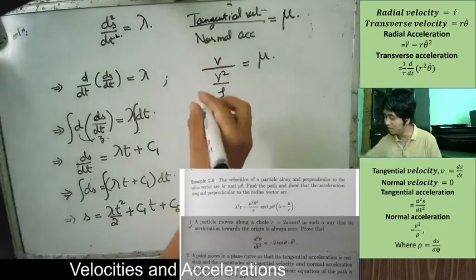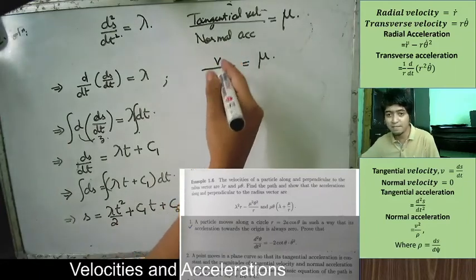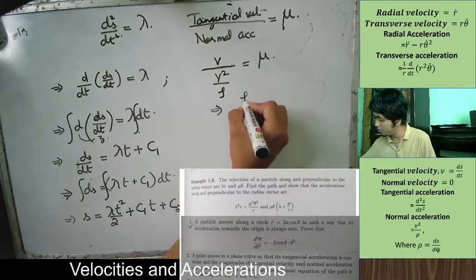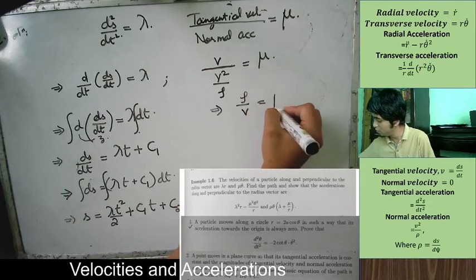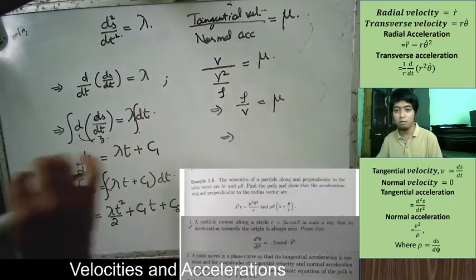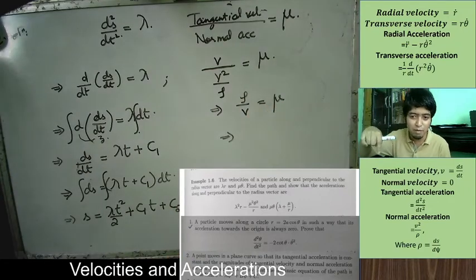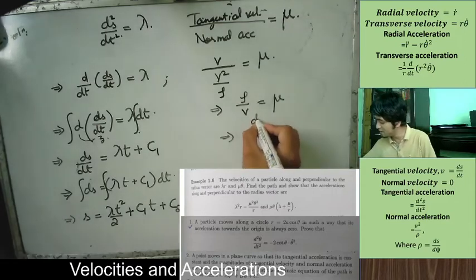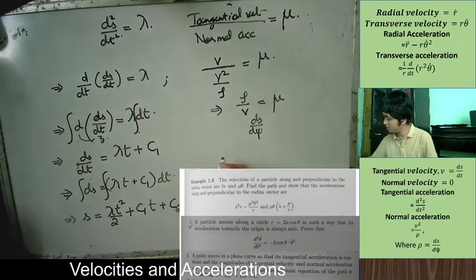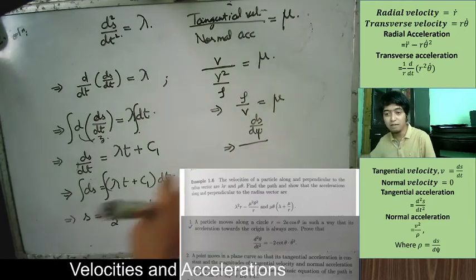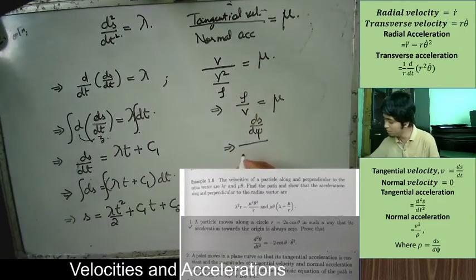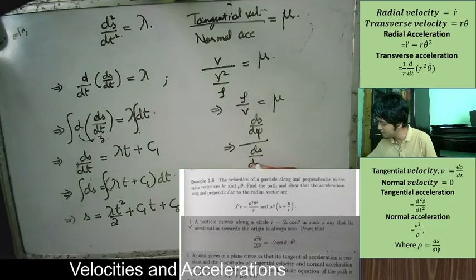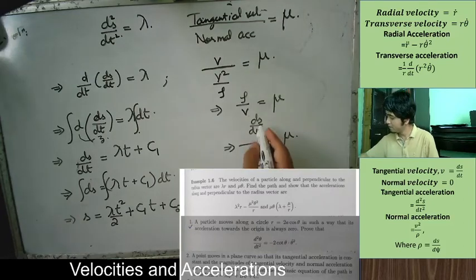Now let us try this one. For this side, we have rho upon v equal to mu. Rho is given as ds/d psi, and v is given as ds/dt.